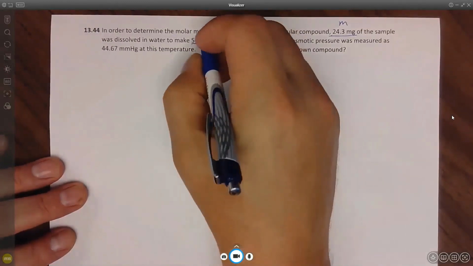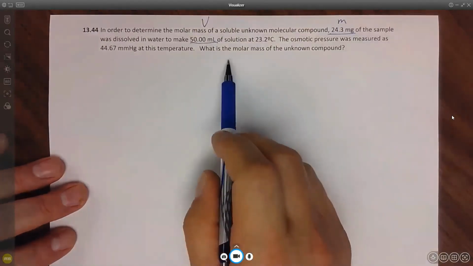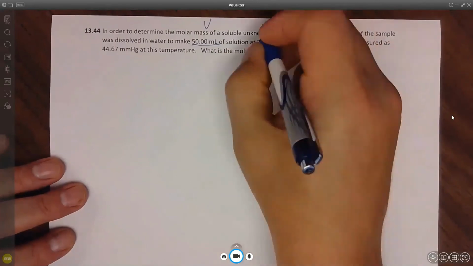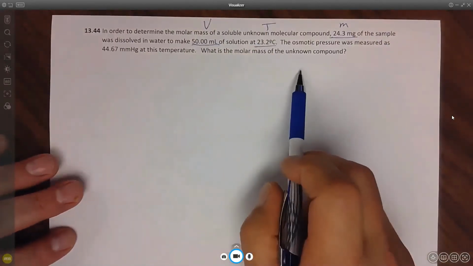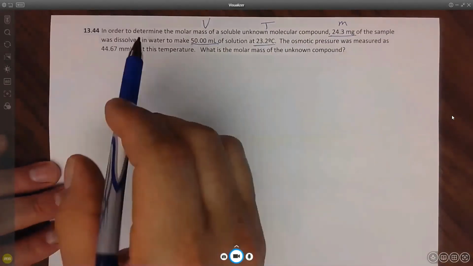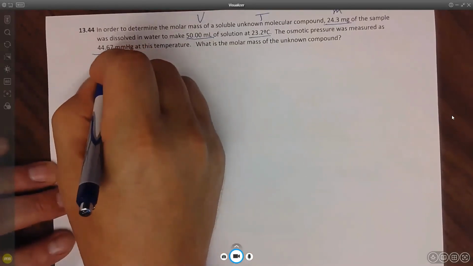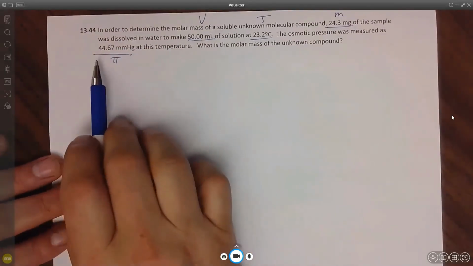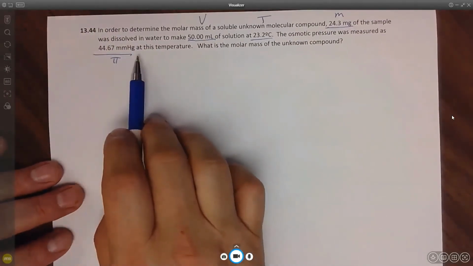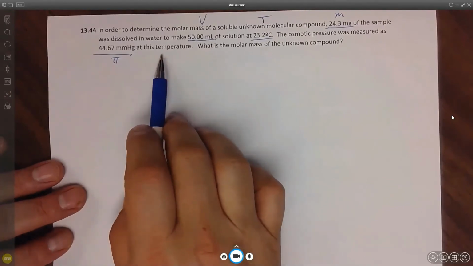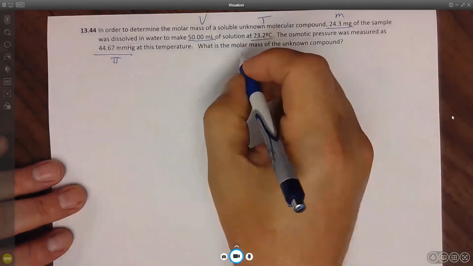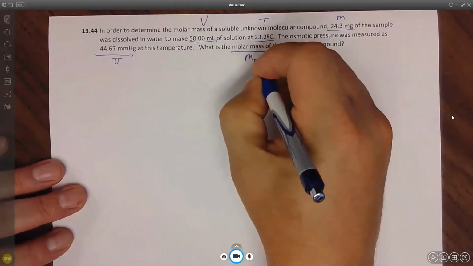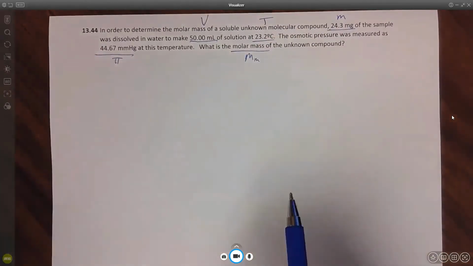So there is a volume of solution at 23.2 degrees Celsius, which would be a temperature. The osmotic pressure was measured as, so that is our osmotic pressure pi, is 44.67 millimeters of mercury at this temperature. So I want to know, what is the molar mass? So we're looking for the molar mass of the unknown compound.